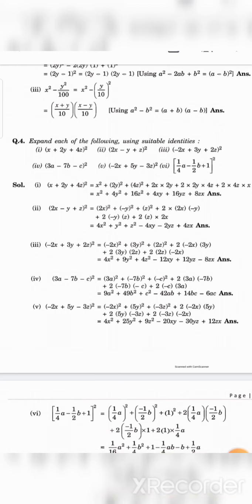Next question, question number 4. Again in question number 4, we have to find the product of the polynomial (3a minus 7b minus c) whole square. So again we compare the terms with our identity number 5. We get a is equal to 3a, b is equal to minus 7b, and c is equal to minus c.